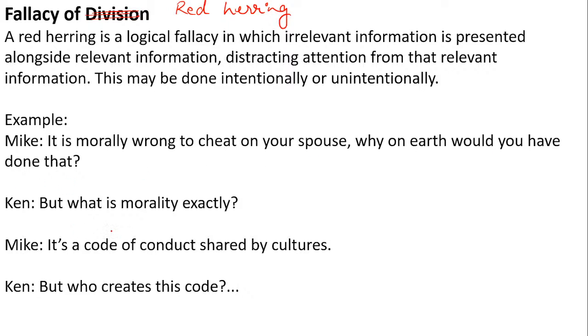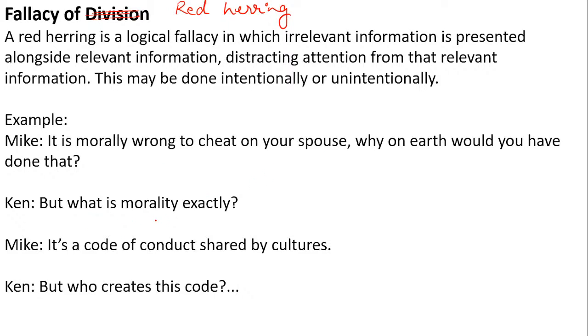So Ken is saying, "But what is morality exactly?" Mike is saying it is a code of conduct shared by cultures. So all the cultures in the world say that you should not cheat on your spouse. Now Ken is saying, "Who creates this code?" See, what was the point of Mike? Mike was trying to tell Ken that he should not cheat on his spouse because it is morally wrong.